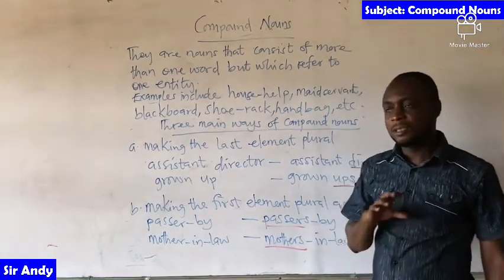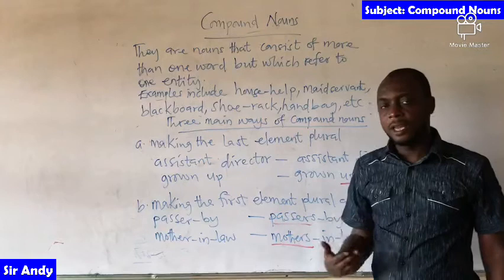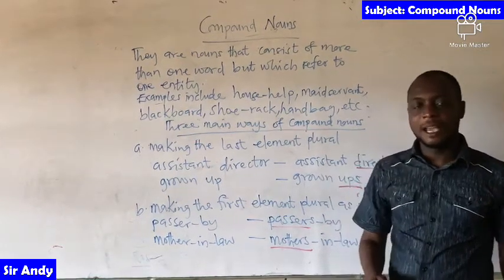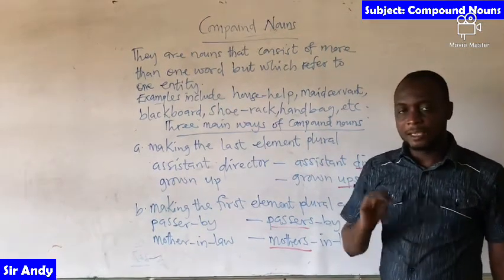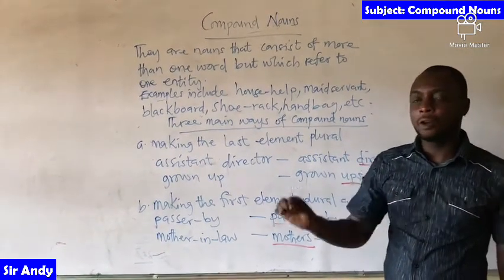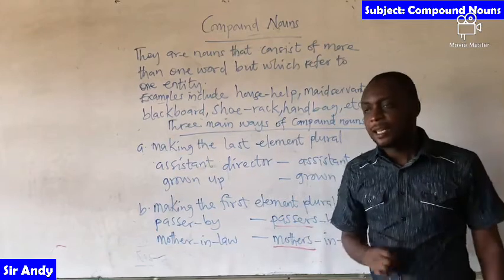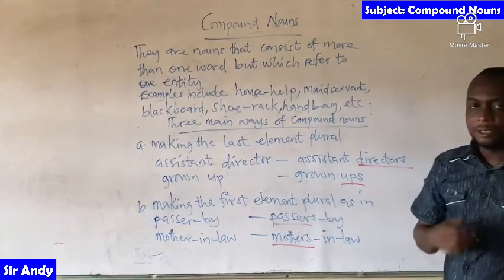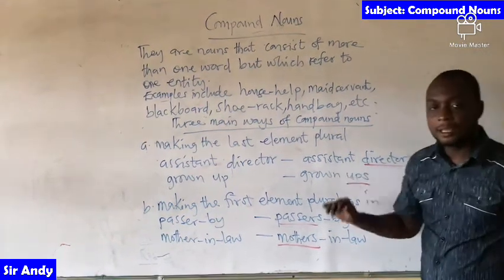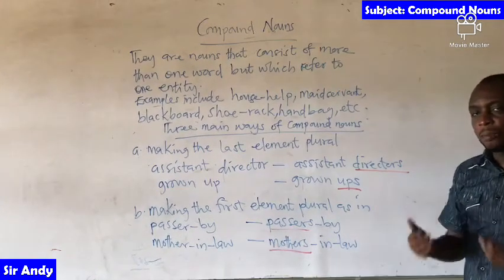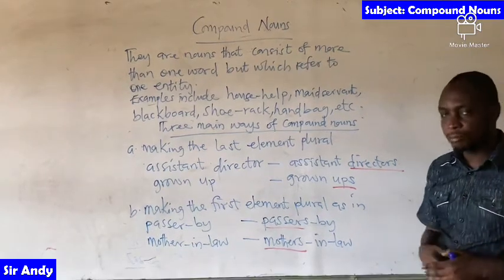It is also necessary to know how they are expressed in their plural forms, so that anytime you write, you will know how this kind of compound noun should be written, and our language shall be appreciated. So let's take a look at how compound nouns could be expressed.